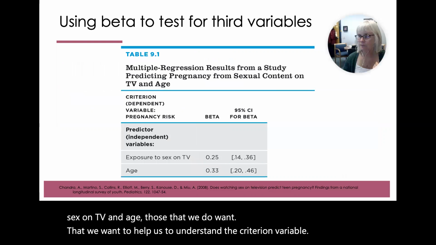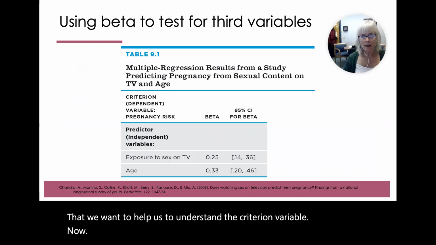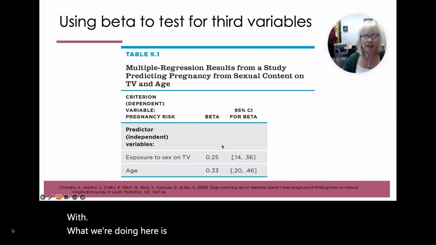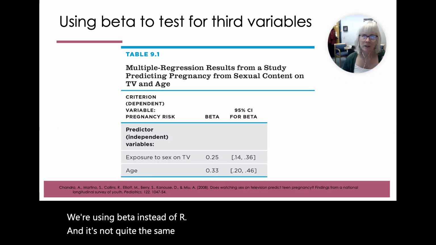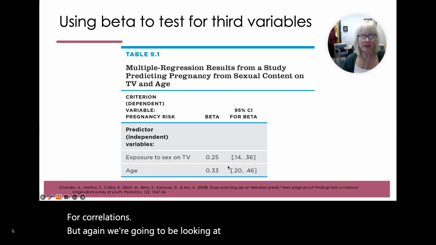Now, what we're doing here is we're using beta instead of R, and it's not quite the same as with R for correlations. But again, we're going to be looking at these confidence intervals.